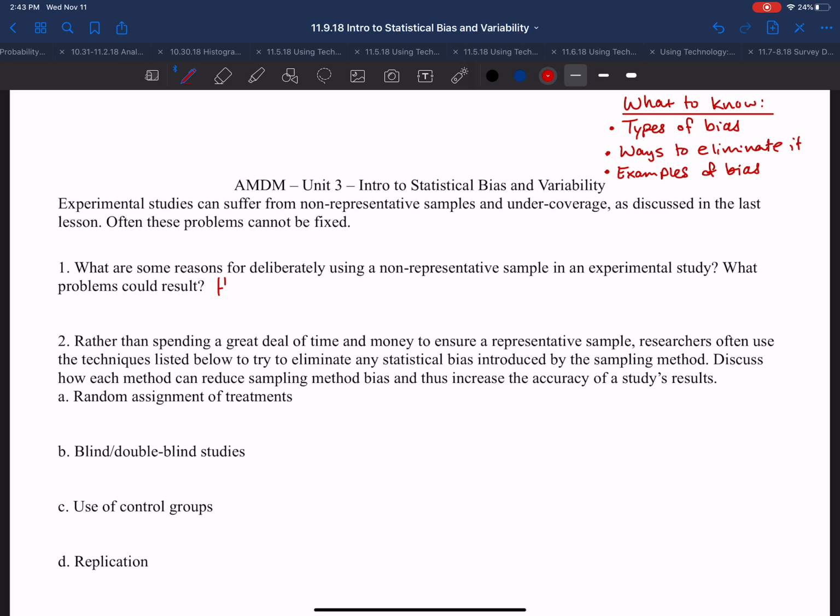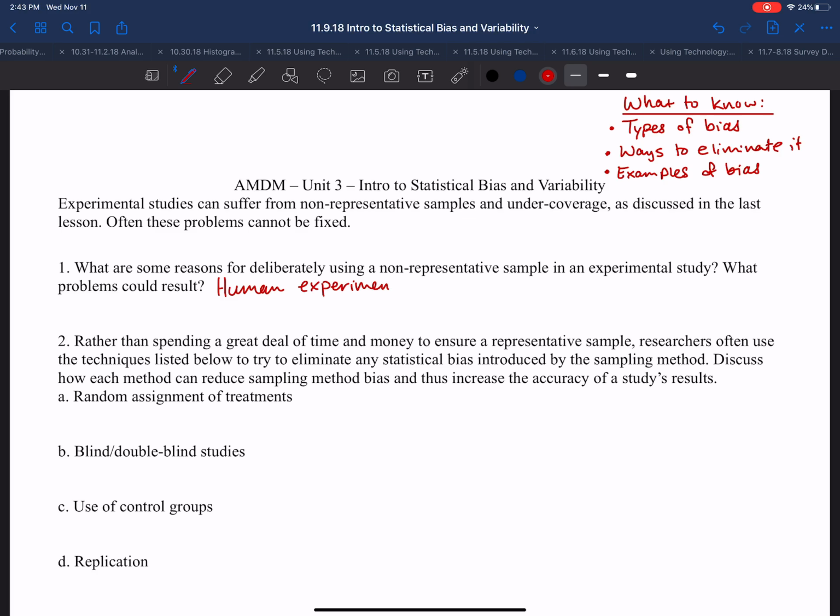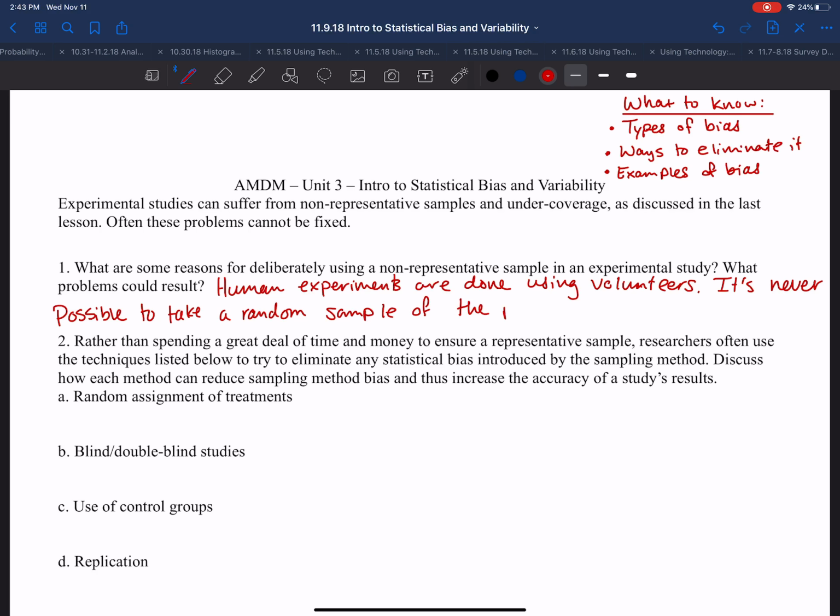So we could say human experiments are done using volunteers, and it's never possible to take a random sample of the population and force them to participate.